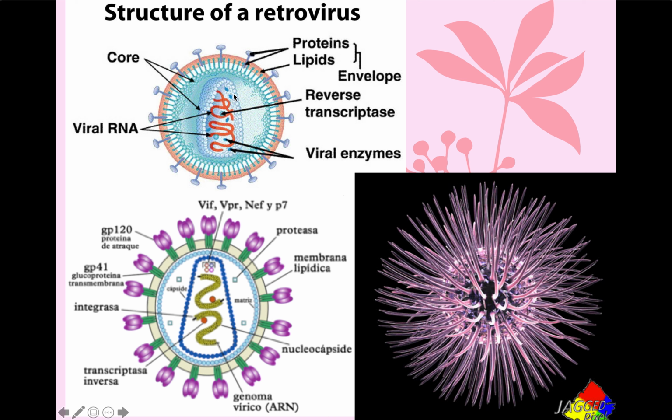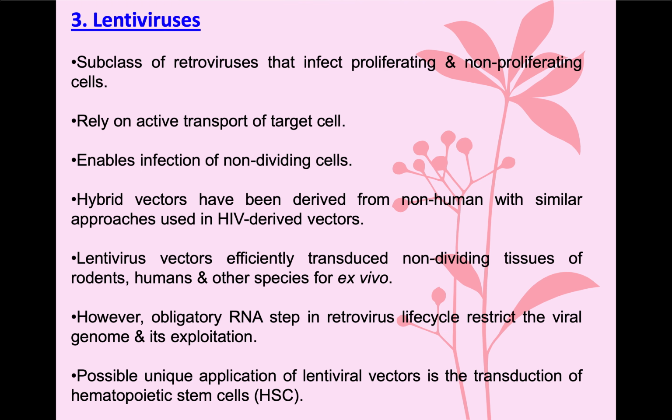It's spherical in shape, slightly bigger, but it has lots of protein and lipids over there, as you can see. Because it has lots of these lipids, it could attach to any surface easily, making it one of the most, I would say, dangerous but also effective vectors for delivering transgenes.